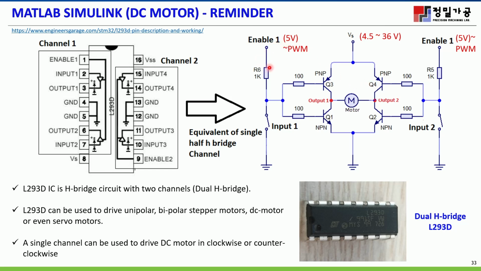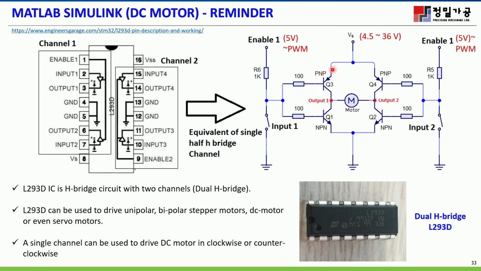So basically, there is an enable, which goes with pulse width modulation. On this side it is also the same, and this one is the power source for the DC motor. Its range is between around 4.5 volts to 36 volts for the motor.